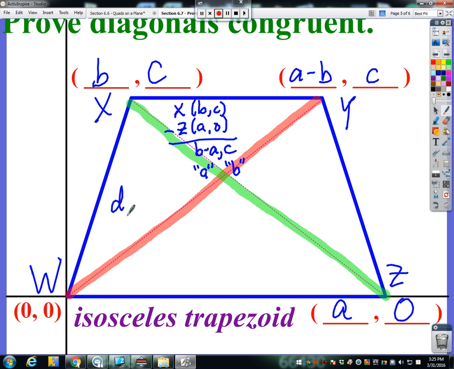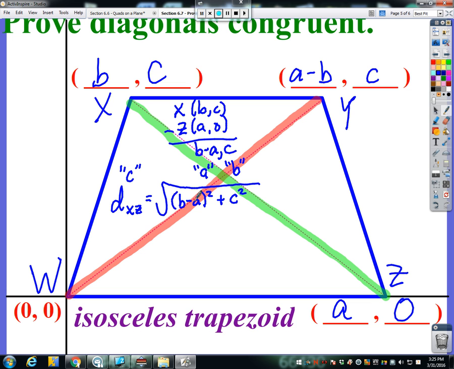So the distance between X and Z is the square root of our a squared plus b squared values, because this represents our c for the Pythagorean theorem. Okay? So we have to square root all this to get just c and not have c squared anymore. So we're going to take the quantity b minus a squared plus c squared. And we're just going to leave it at that. There's not much simplification we can do.